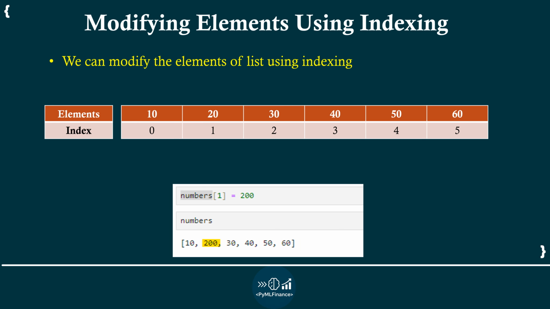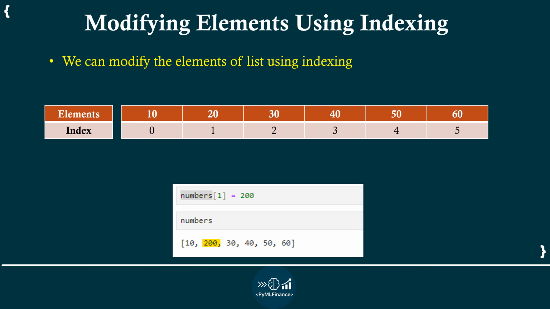As discussed in earlier videos and in the first slide of this video, you can modify elements of a list using index. If you want to change the value at any position, you can do that using index.